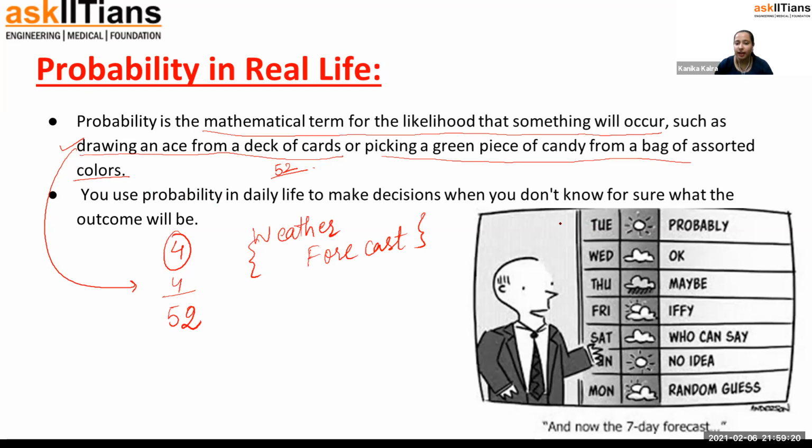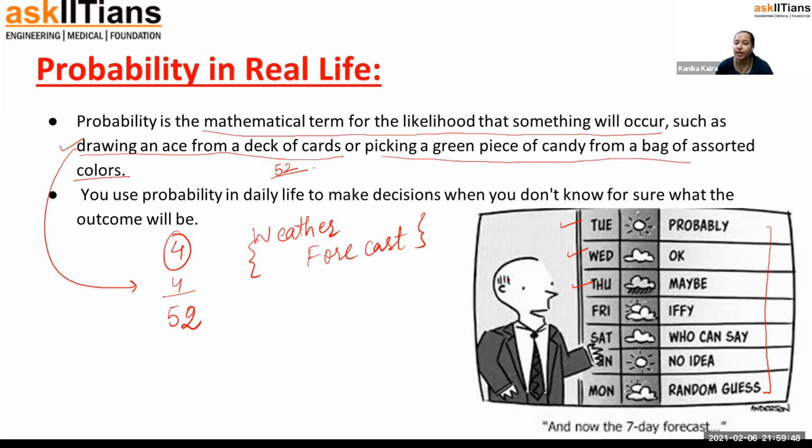Like in this, it might be a sunny day on Tuesday, a cloudy day on Wednesday, and there might be a possibility that it will rain on Thursday. So this is how it moves. This is how you can relate probability to real life. In this example, they have given you the 7-day weather forecast. So how do they judge? Obviously, they get some information from here and there, and maybe satellites as well.